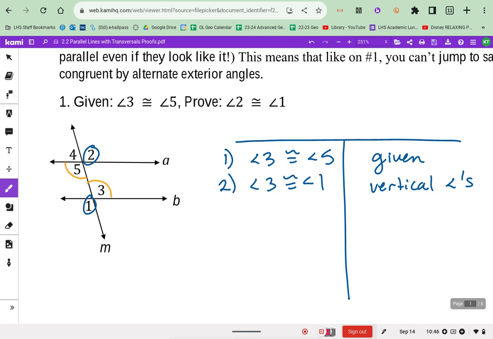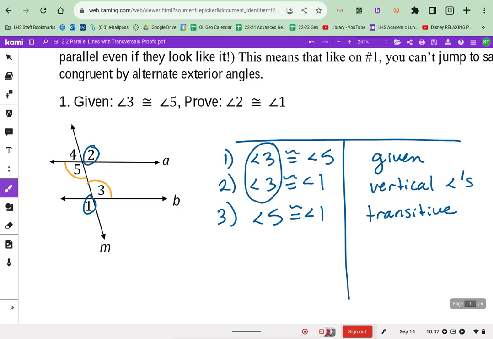And actually, what sticks out to me is that angle 3 is in both equations. So let's do a transitive step and combine those two equations to say that angle 5 is congruent to angle 1 by the transitive property. Did you have a question or thought?